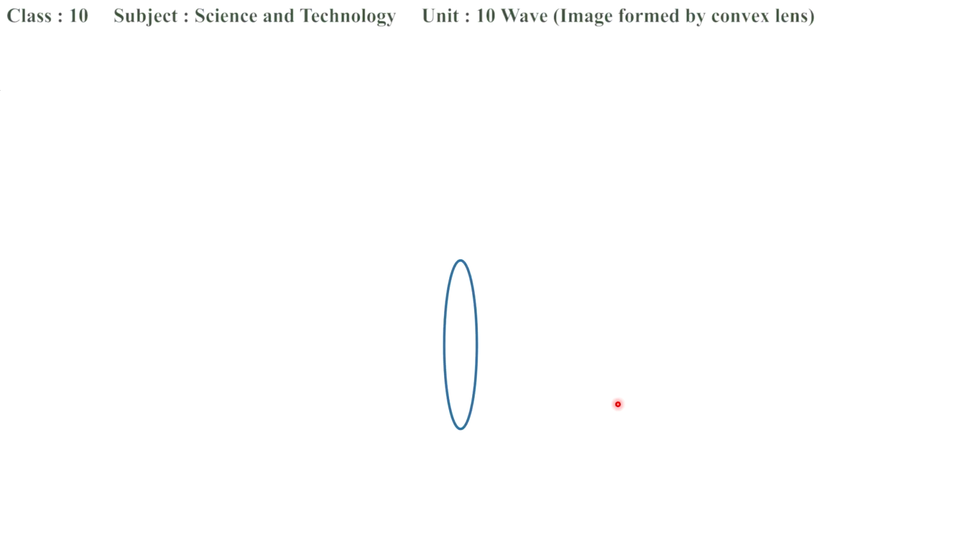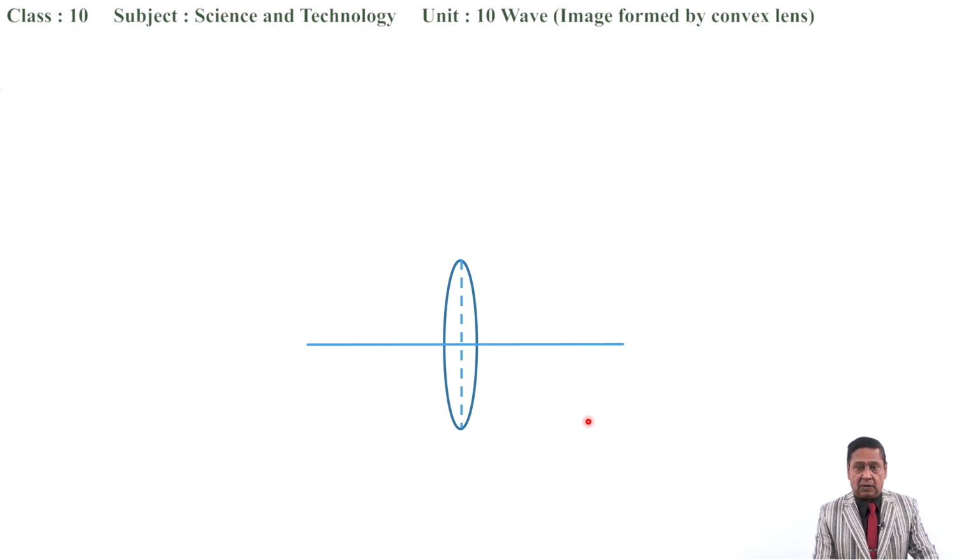This is a convex lens and this is the bisector line, and the convex lens is shown with its thickness. Now this is the principal axis and this is the optical center. The central point is the optical center, and these are the focus.